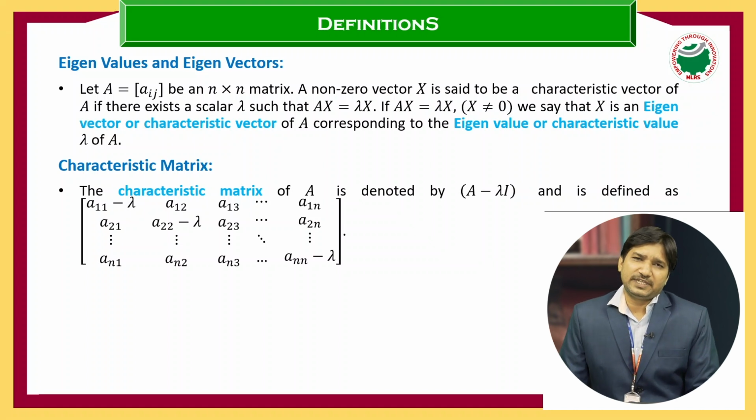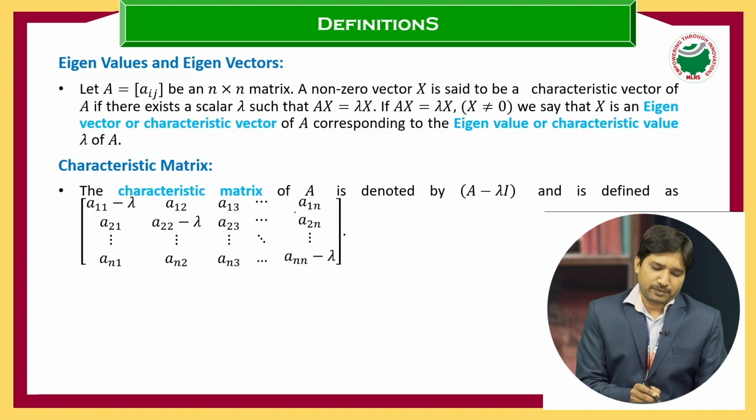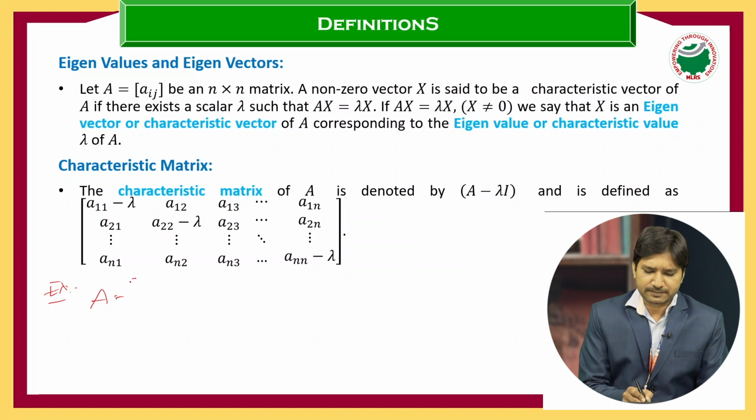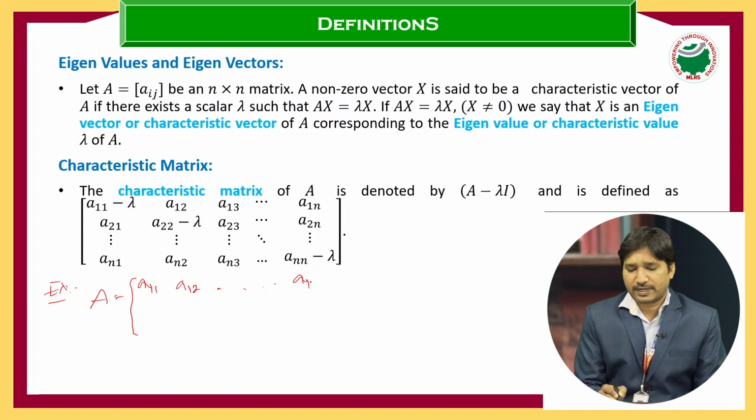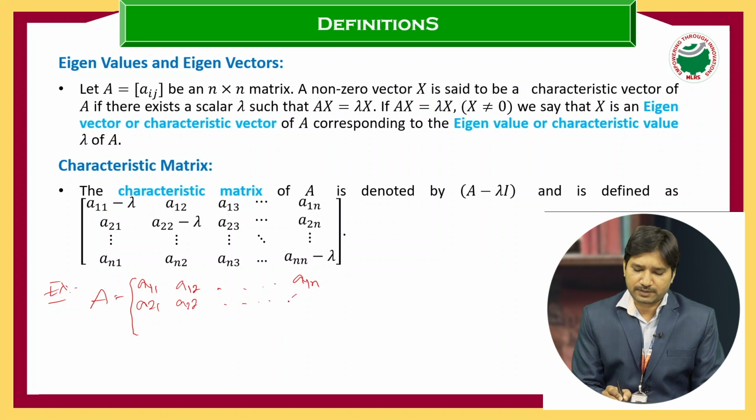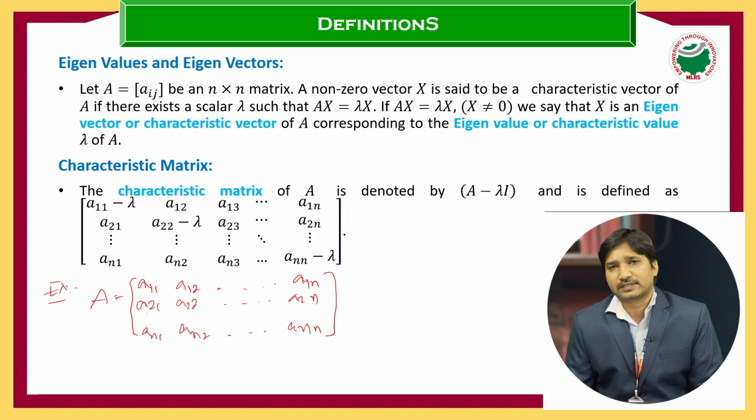So now the characteristic matrix is denoted by A minus lambda I and is defined by A11 minus lambda, A12, A13 and so on. For example, A is any matrix with entries A11, A12 and so on up to A1n, A21, A22 up to A2n, and like this up to An1, An2 and so on, Ann. It is a square matrix.